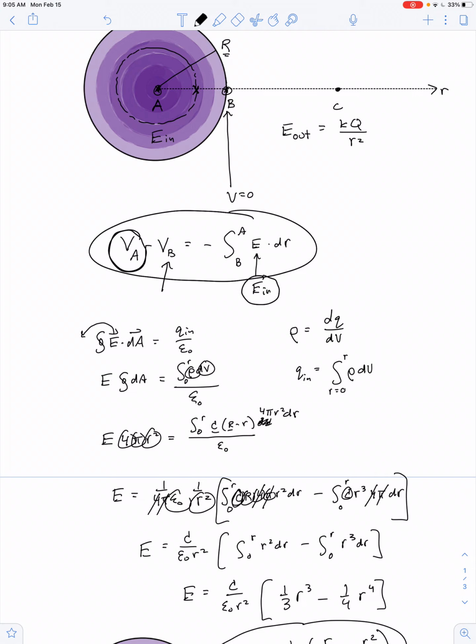Now, remember, what's the electric potential of the surface? Well, we just arbitrarily chose to let that equal 0.